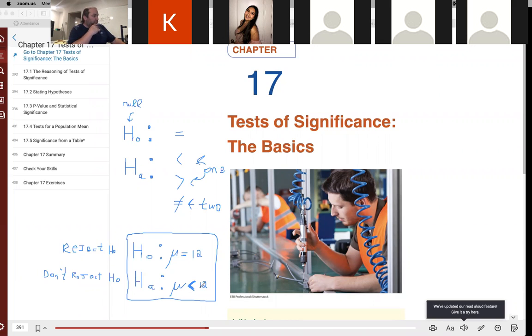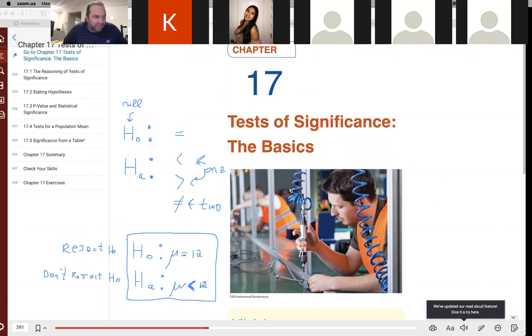If you take a sample and your sample average is less than 12, would you automatically reject the null hypothesis in this case? Yes, because it's not equal to 12. Okay, so let's say your sample was 11.9999995 inches. Would you say there's no chance that the true average is 12? Would that be your conclusion?